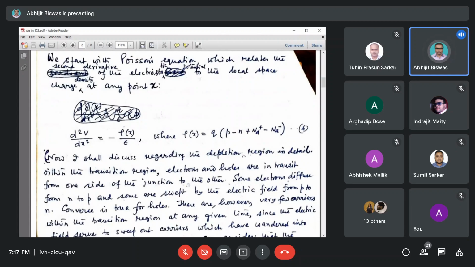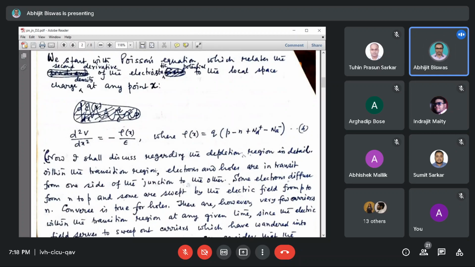So what does it mean? Means d2V/dx square. As you know that electric field is the negative gradient of potential. That means E is minus dV/dx. So if you take another derivative, on the left hand side, it indicates physically the variation of electric field, and it is related to the charge density, that is minus rho(x) by epsilon.